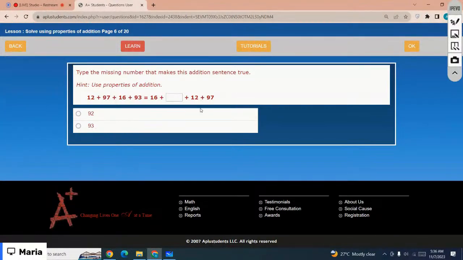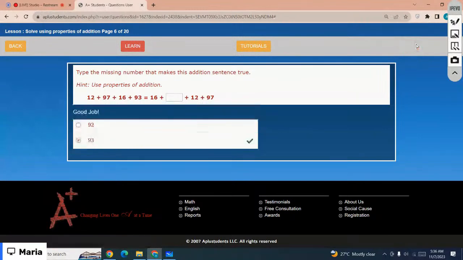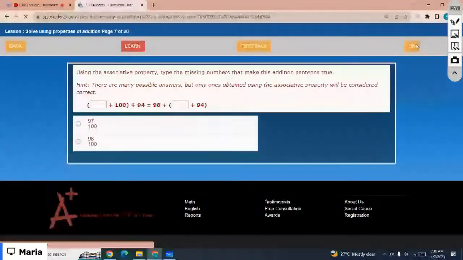The correct option is 90. Type the missing number that makes the addition sentence true.